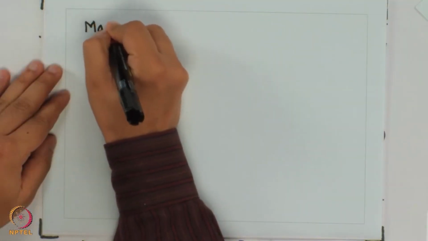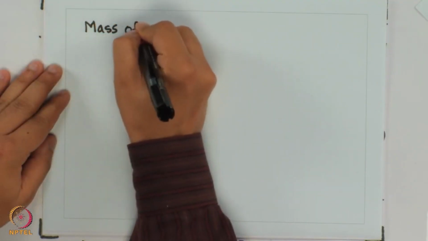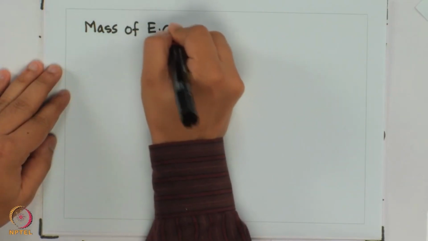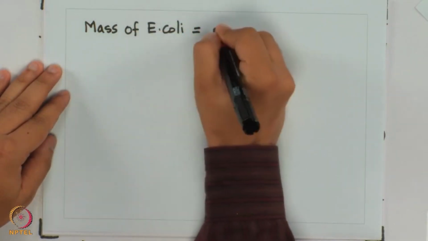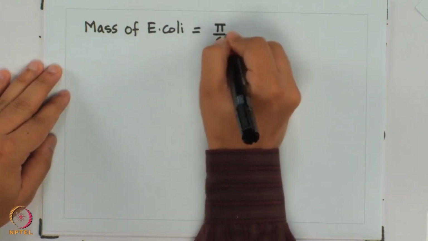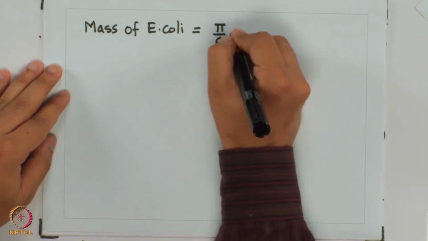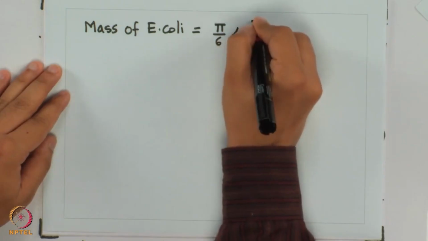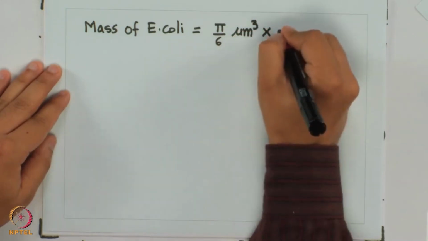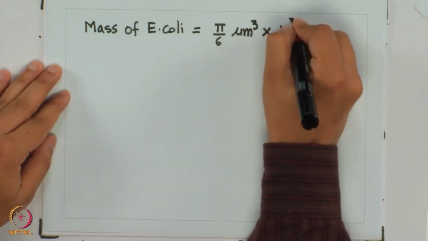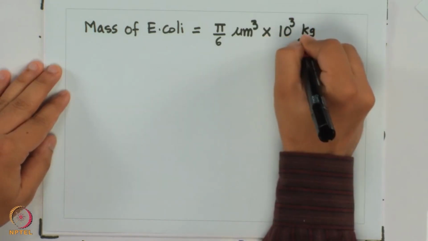So when we multiply this volume by the density of water, we get the mass of an E. coli cell as equal to pi by 6 micrometer cube times the density of water, which is 10 power 3 kg per meter cube.